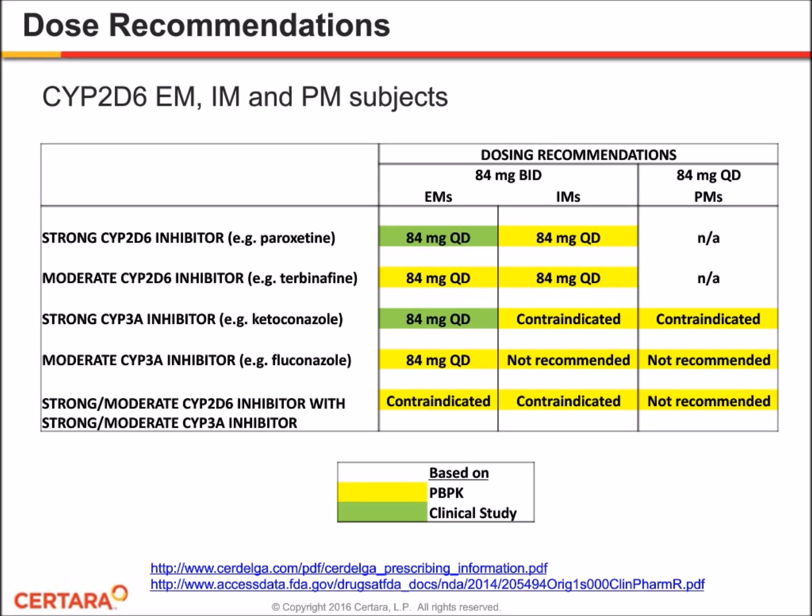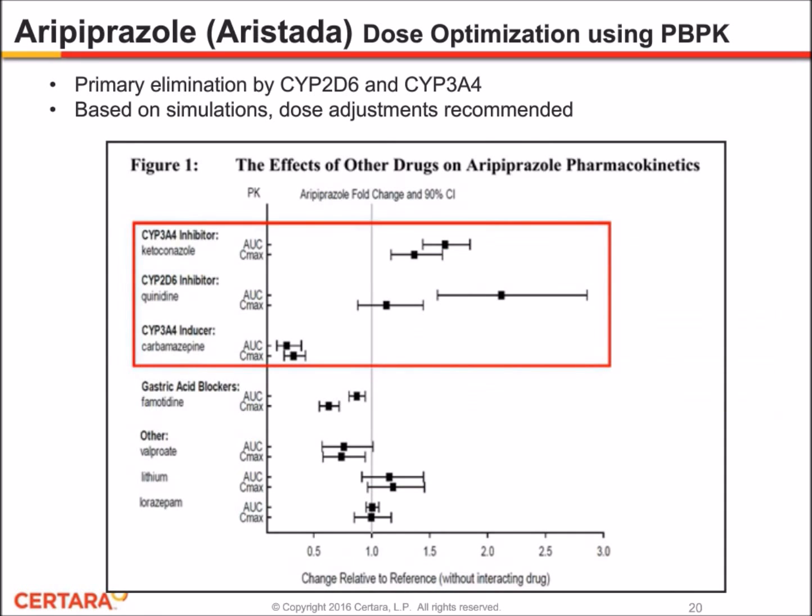So you can see here, for example, that if a patient is co-administered a moderate CYP2D6 inhibitor such as terbinafine, then 84 milligrams once a day is recommended. But if a patient is given Cerdelga with both CYP2D6 and 3A inhibitors, then in poor metabolizers the drug is not recommended, or is contraindicated in extensive metabolizers and intermediate metabolizers. And more information can be obtained from the references mentioned below on that slide.